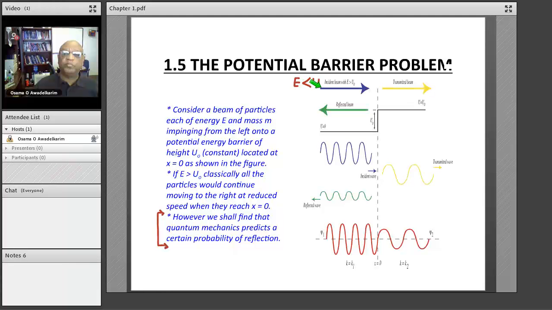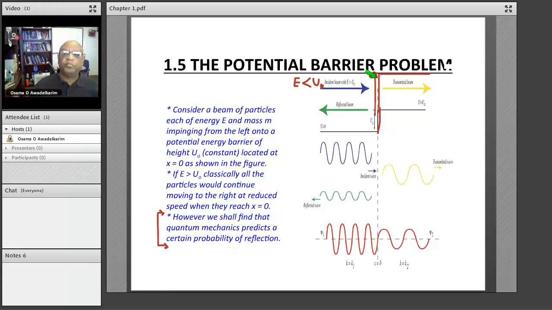So what we are saying here is that the energy of the incident particles is less than the barrier. So in this case, we're saying that the barrier is so high. Okay, so the barrier U naught is big.